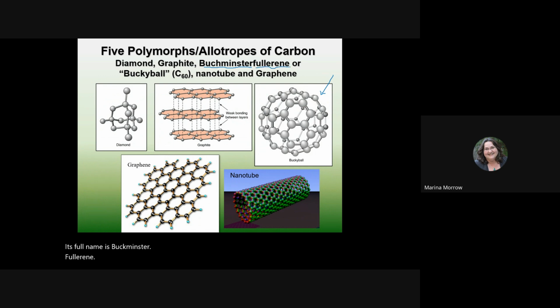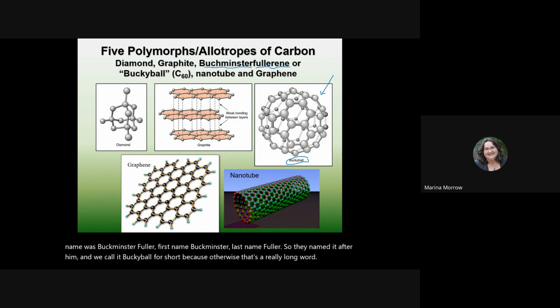That's because the people who first discovered it in soot looked at it and said, well, that looks like a geodesic dome design. And the architect who designed the geodesic dome, his name was Buckminster Fuller. First name Buckminster, last name Fuller. So they named it after him, and we call it buckyball for short because otherwise that's a really long word.